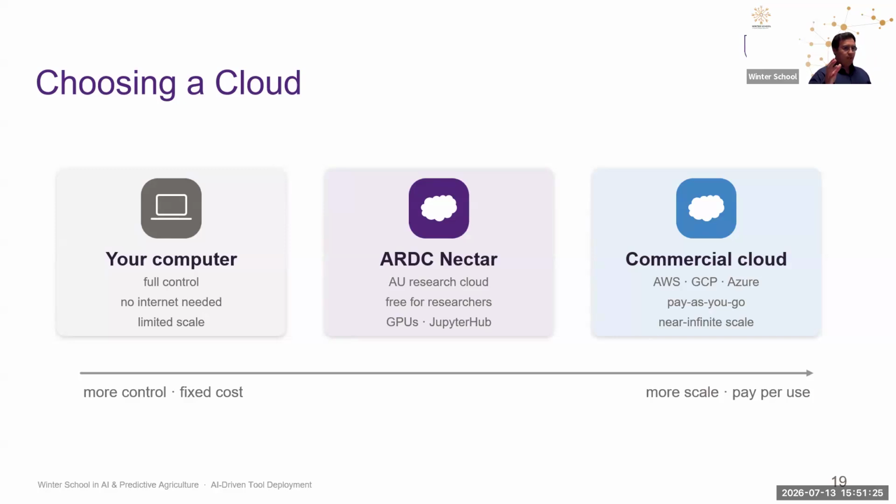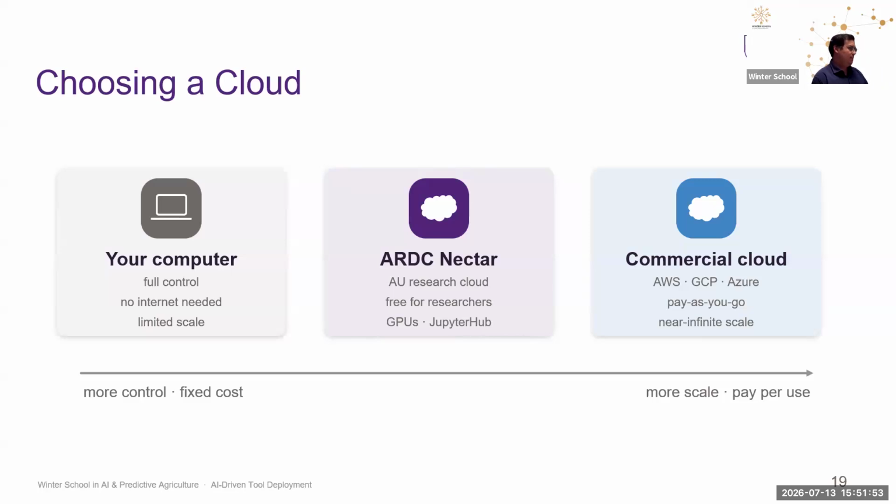One thing that sits in the middle between commercial cloud, which is the fancy, I'm paying, this is what banks use, and all the other applications that we use in our day-to-day lives are using, like Amazon Web Services, Google Cloud, or Azure, are things like research infrastructure here in Australia called ARDC Nectar. And that for me is my go-to cloud whenever I'm thinking about deploying things. It makes it super easy. First thing, it's free.